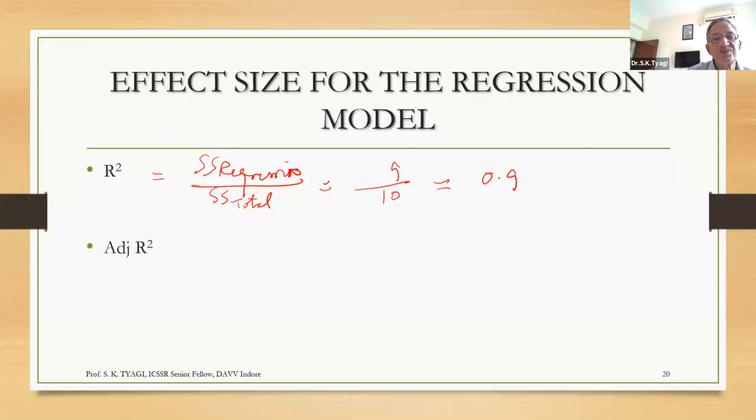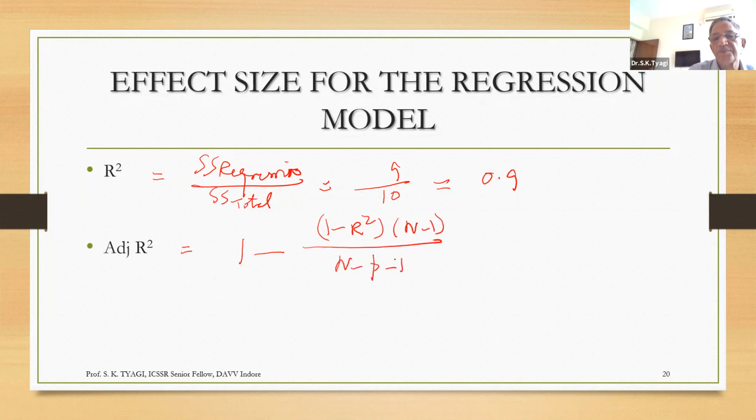Now adjusted R square is a sort of standardized R square, and the formula for it is 1 minus (1 minus R square) into (n minus 1) divided by (n minus p minus 1), where n is the sample size 5, and p is the number of predictors, 1. So substitute this: 1 minus R square. What is R square? 0.9.